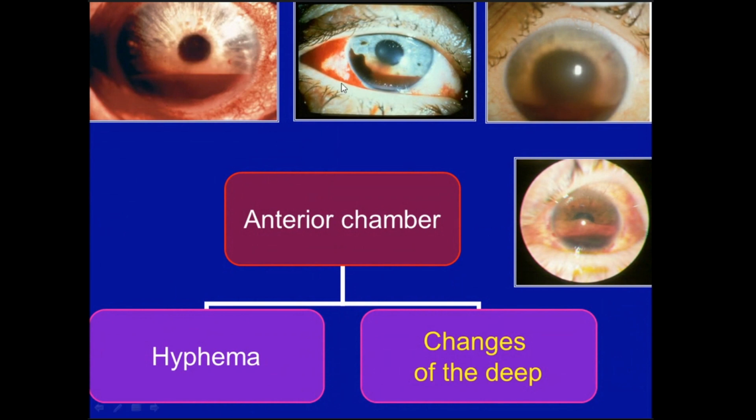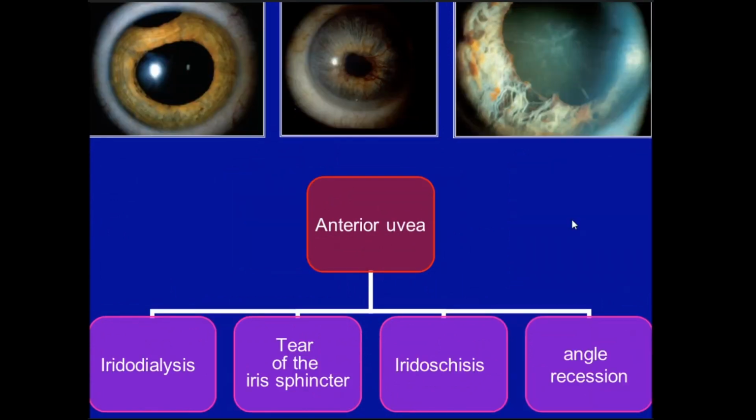On these examples, you can see different examples of hyphema. As for anterior uvea, pathology of the iris, we can see iridodialysis. We can see tear of the iris sphincter, iridoschisis, and angle recession.